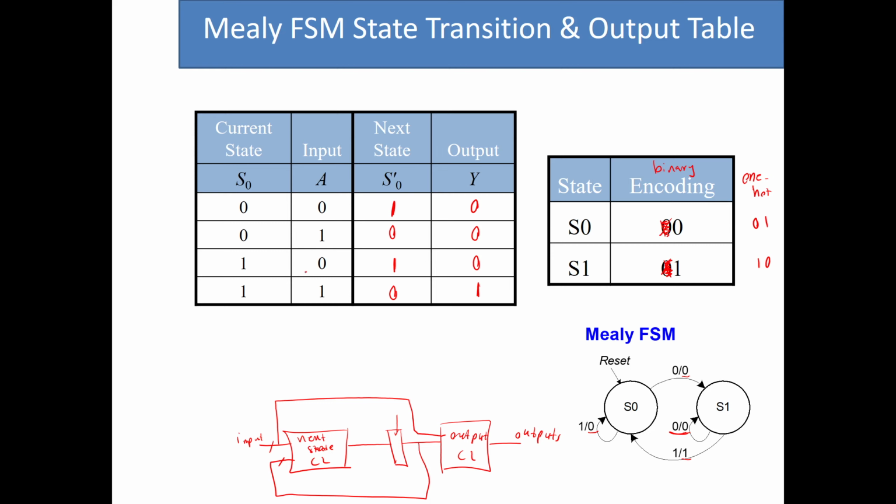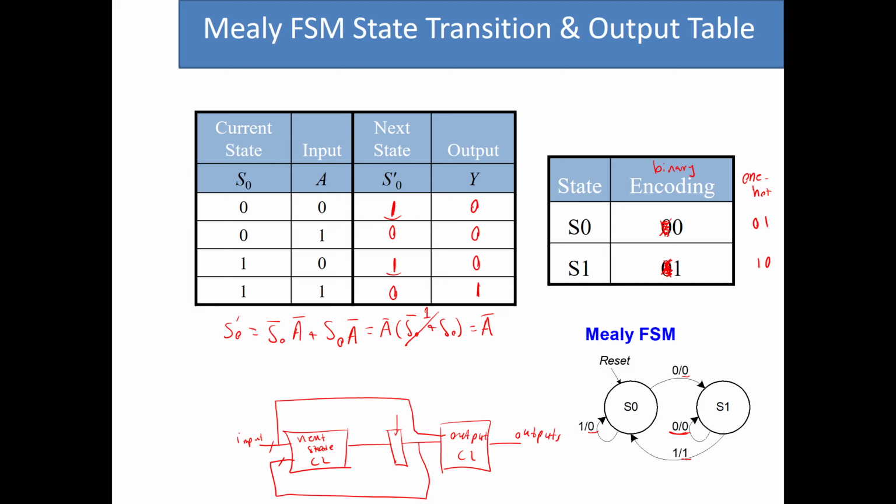So now that we have this combined and encoded state transition table and output table, we can write the equation. So S0 prime using the sum of product form is going to be S0 bar A bar plus S0 A bar, or if I factor out A bar, it's going to be A bar multiplied by S0 bar plus S0. So we know that this is 1, so it is going to be A bar.